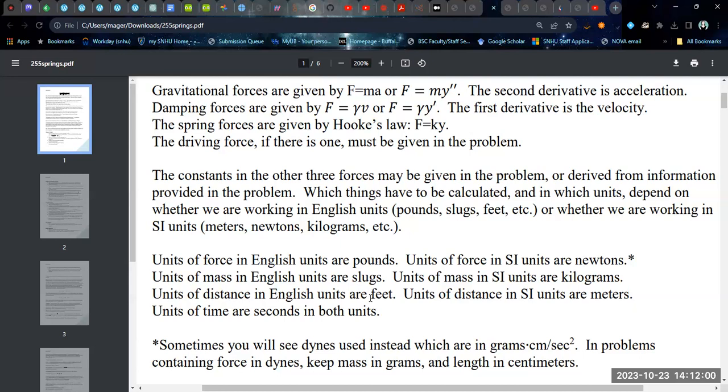Units of distance are typically feet, because gravity is 32 feet per second squared. In SI, they are typically meters, unless you're in CGS, in which case they're centimeters. We're going to stick with standard meters. And the one thing that's the same in both cases is typically units of seconds.